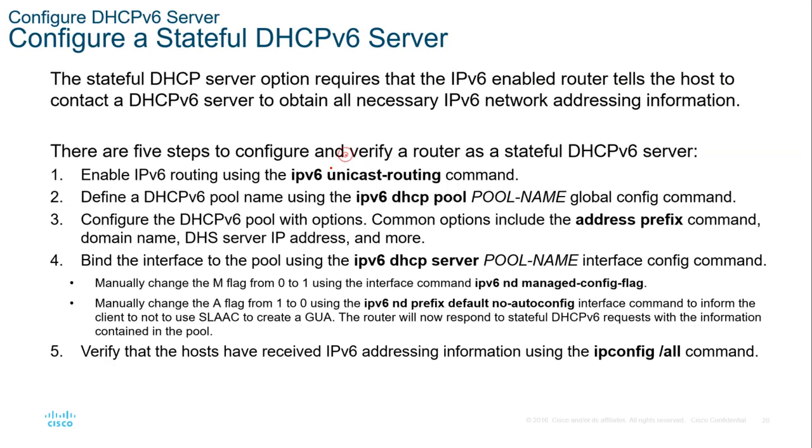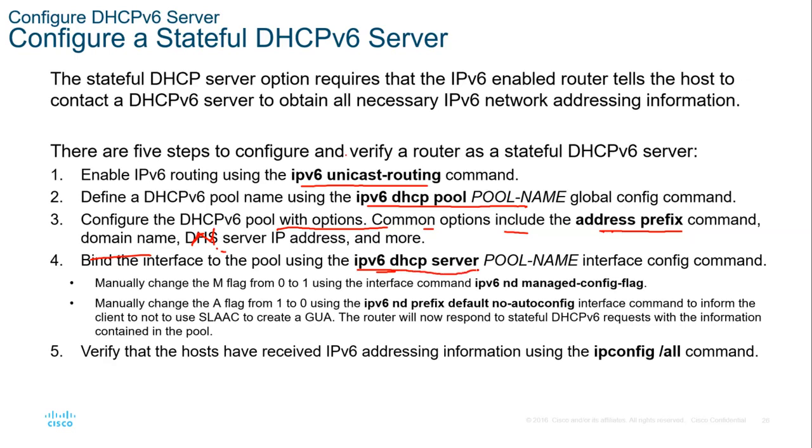So the unicast, as you can see, IPv6 unicast-routing, then IPv6 pool with the pool name, then you configure the pool that includes the address prefix, domain name, DNS server, and other information.